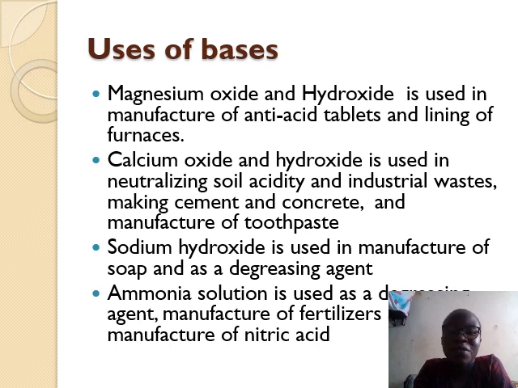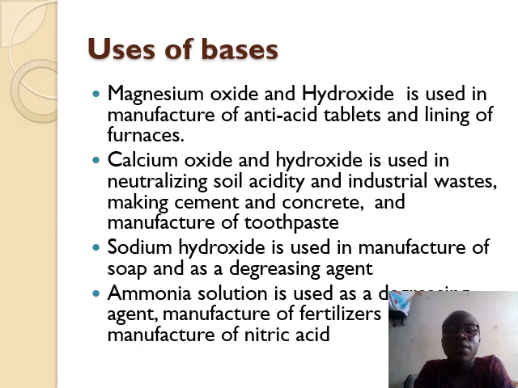Next, we are going to talk about calcium oxide and hydroxide. Calcium oxide and hydroxide are used in neutralizing soil acidity and industrial wastes, making cement and concrete, and also in the manufacture of toothpaste.